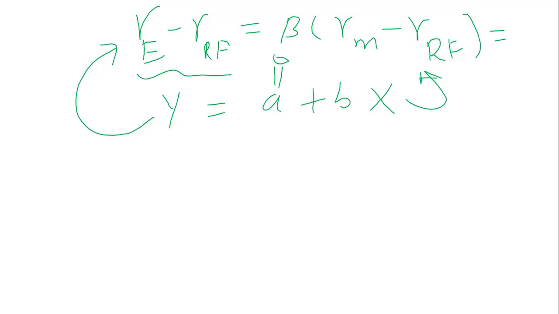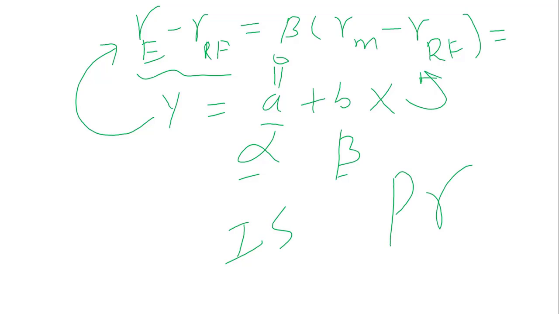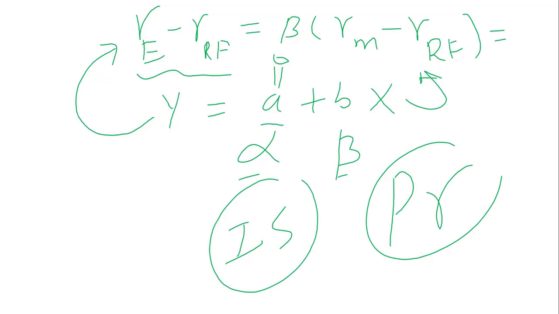So I'm going to show in Excel how to compute this a, which in finance is usually called alpha, and b, which is usually called beta. I want to compute alpha and beta in Excel for an individual stock as well as a portfolio. All right, let's see how we do that.